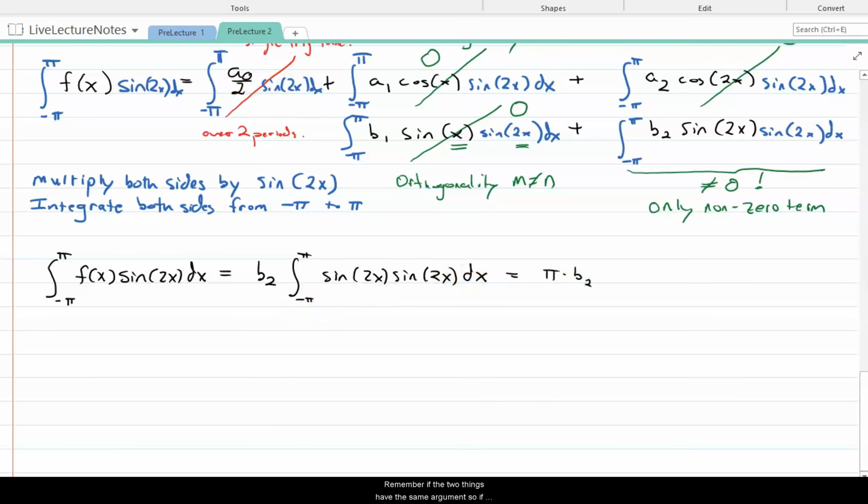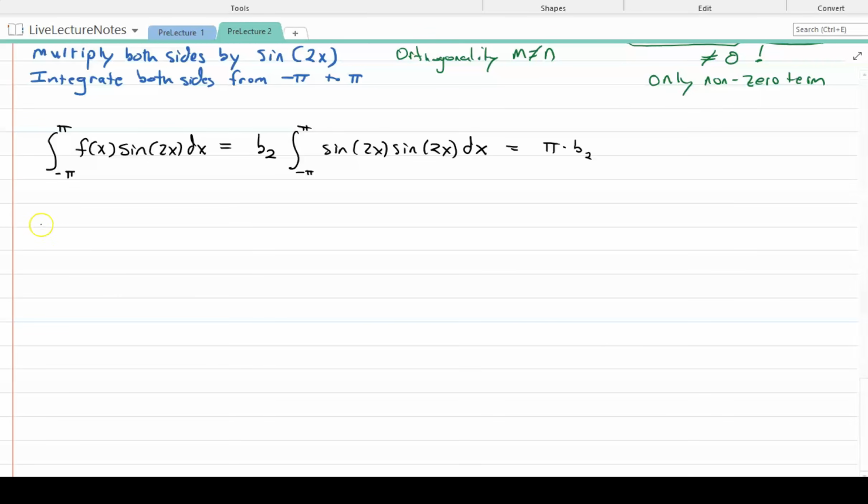Remember, if the two things have the same argument, so if m is equal to n, the integral is equal to pi. And if m is not equal to n, the integral is equal to 0. So what I found, solving now for b2, is b2 equals 1 over pi, dividing by the pi, times the integral from minus pi to pi of f of x sine of 2x dx.